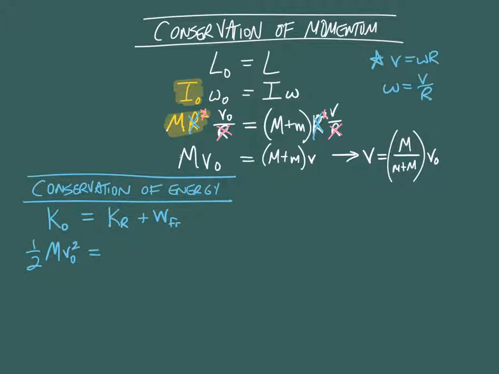Well, let's deal with the kinetic energy of the ring. So again, this is going to be 1/2 I omega squared, and this is going to be friction times the length, the path that friction does work on.